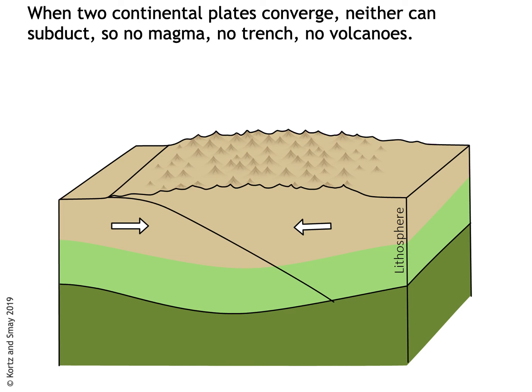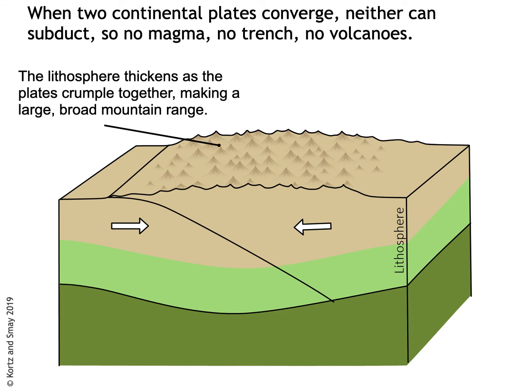We have some differences now with our last type of convergent plate boundary. This is between continental crust or continental lithosphere and continental lithosphere. One big thing you should notice is when two continental plates converge, it turns out they're the same density and neither can subduct. Subduction is what drives magma formation, trench formation, and volcano formation.